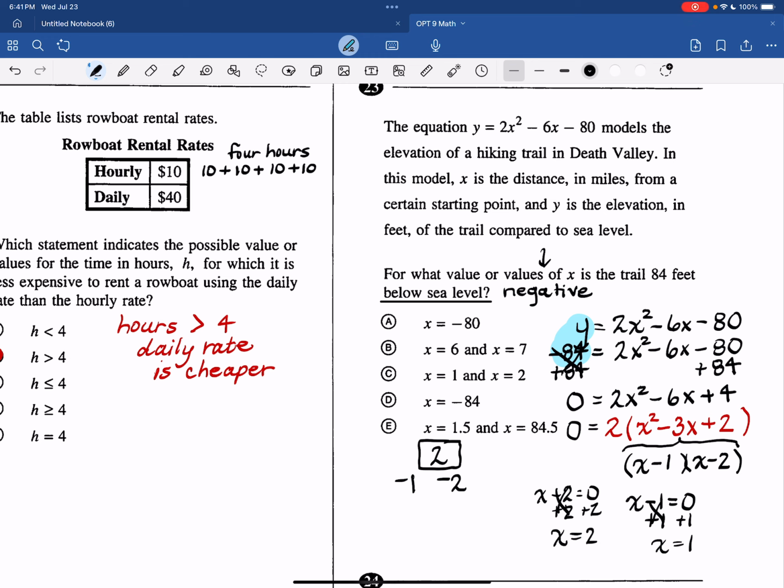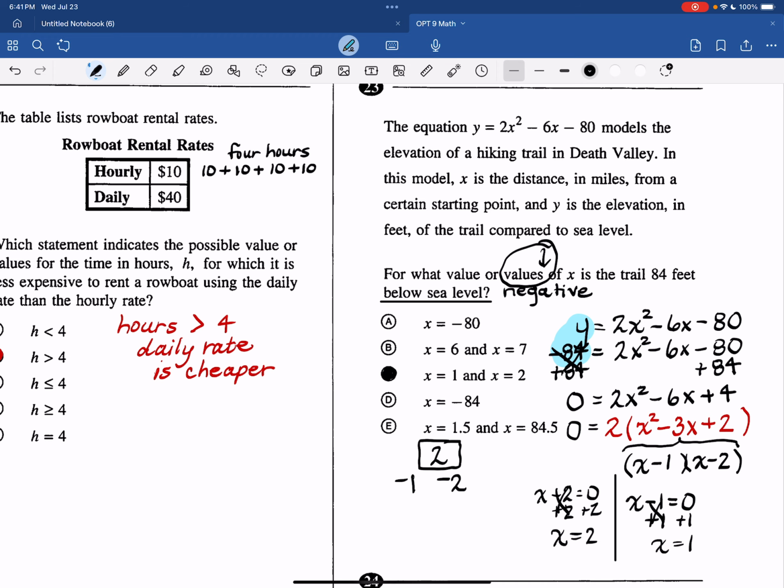So the answer here is C, as in Charlie. We want x is 1 and x is 2. Both of those values would make the equation true. So it does indeed have more than one value, and it's C as in Charlie.